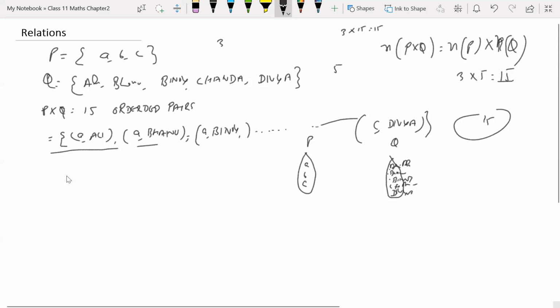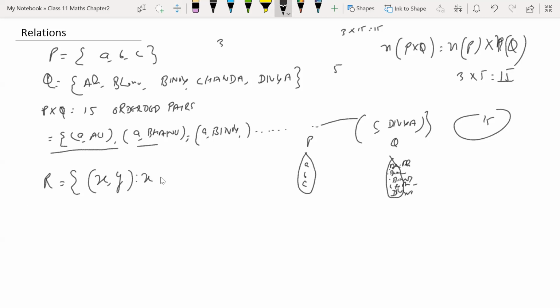Then we introduce a relation between P and Q between the first element and the second element, such that the first letter of the name in Q is the same as the element in P. So the relation is established such that R is equal to {(x, y)} such that x is the first letter of y, where x belongs to P and y belongs to Q. This is the relation.